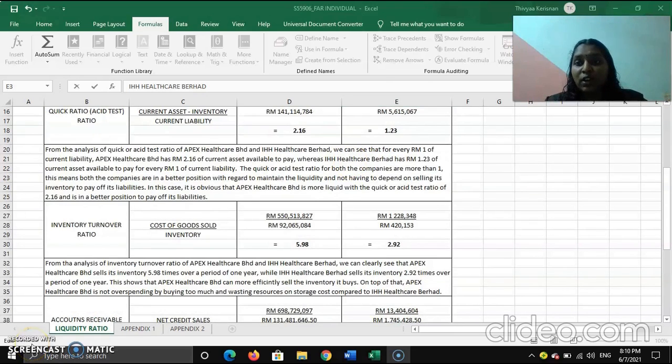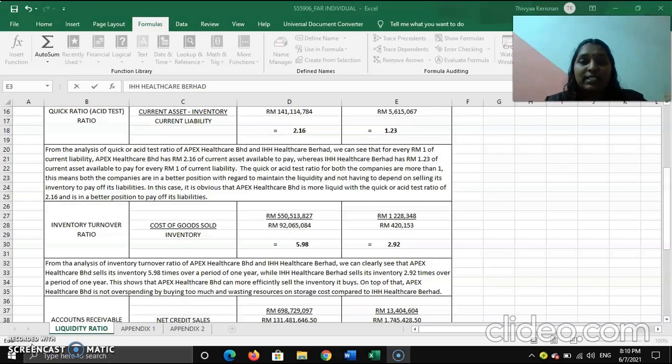From the analysis of quick or acid test ratio of APEX Healthcare Berhad and IHH Healthcare Berhad, we can see that for every 1 ringgit of current liability, APEX Healthcare Berhad has 2 ringgit and 16 cents of current asset available to pay, whereas IHH Healthcare Berhad has 1 ringgit 23 cents of current asset available to pay for every 1 ringgit of current liability.